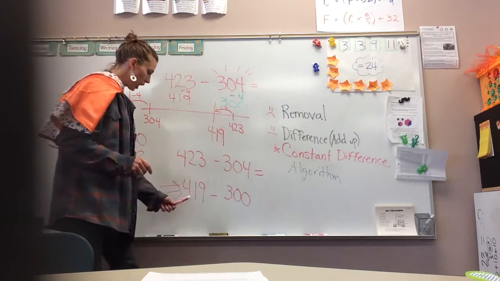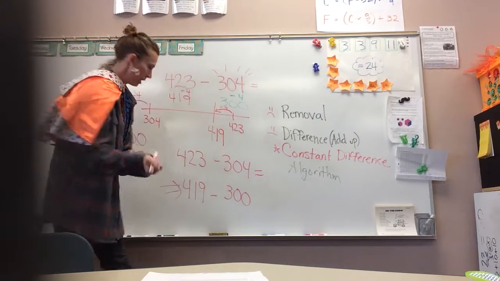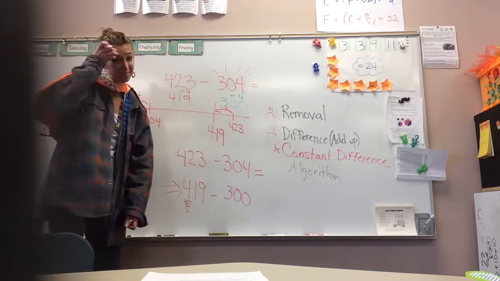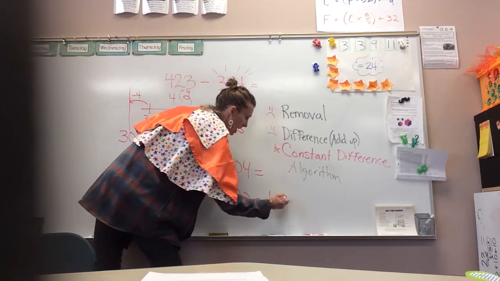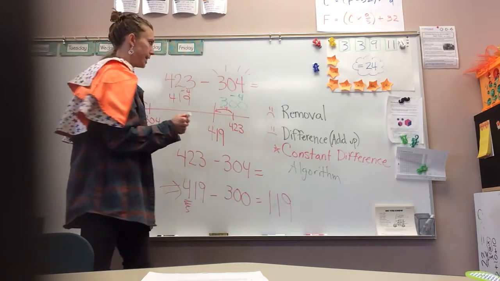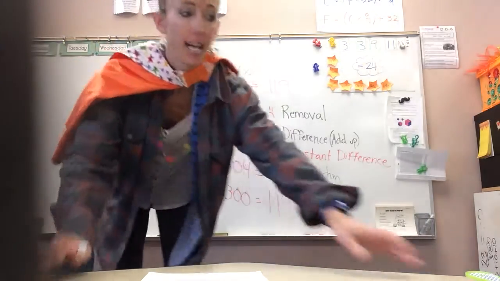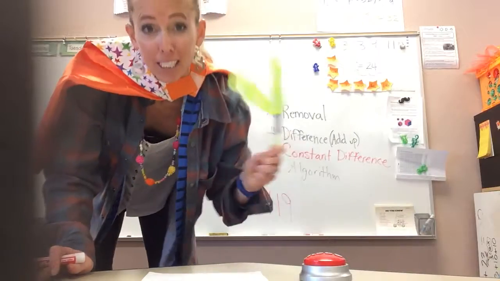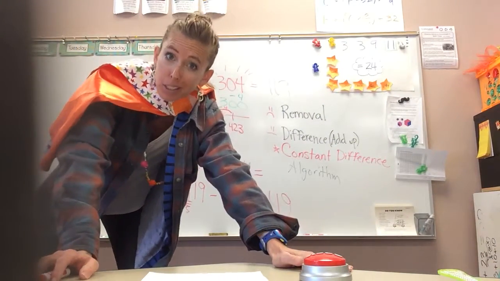I have 419 minus 300. So I can actually just look at these hundreds, take away 3 of them, and I'm left with 119. Cha-ching. And that's when I can say, that was easy, and be like, yeah, that was so awesome. I could even check it with the algorithm if I wanted to.